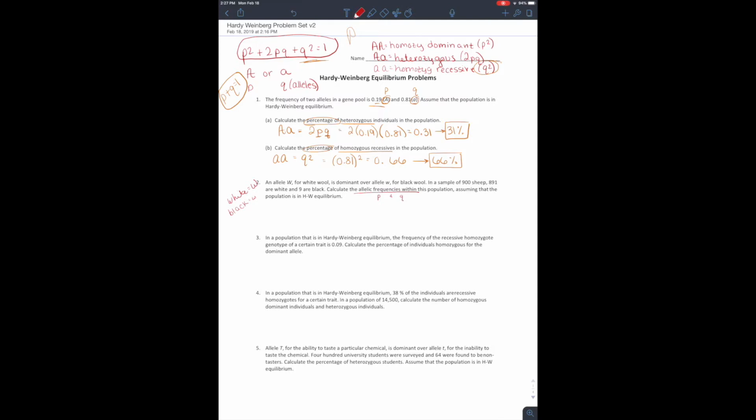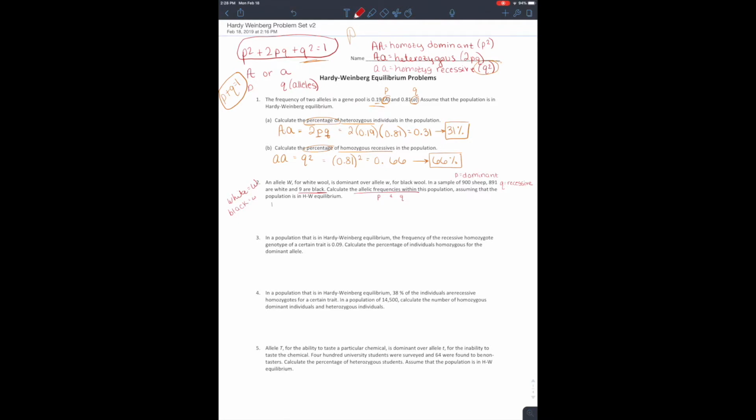So remember, p is the dominant allele, in this case capital W. And q represents your recessive allele, little w. To calculate the value of q, we need to realize that there are 9 black sheep. So 9 of those sheep are showing the recessive phenotype, and in order to do that, you need 2 recessive alleles.